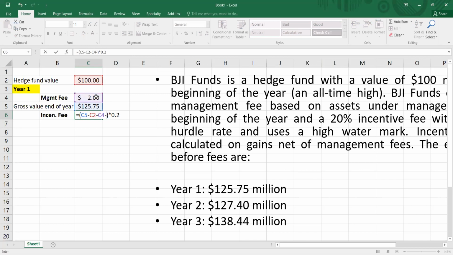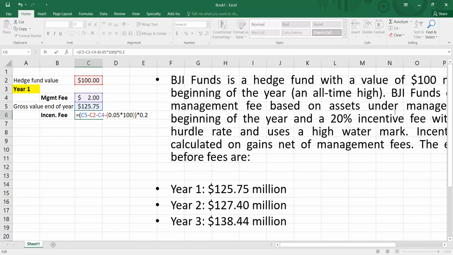And the subtraction of the hard hurdle rate should be done as well, which is 5%. 5% of the beginning value is the minimum amount that the hedge fund should earn in order to receive any incentive fee. 100 million of the hedge fund value that was initially pulled from the investors.